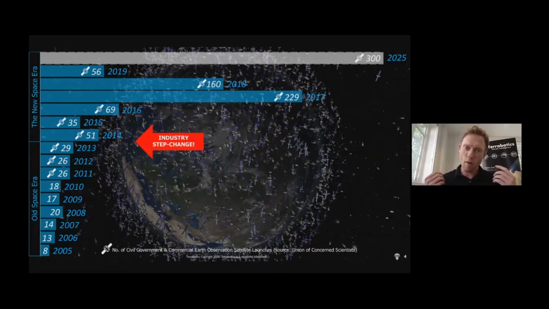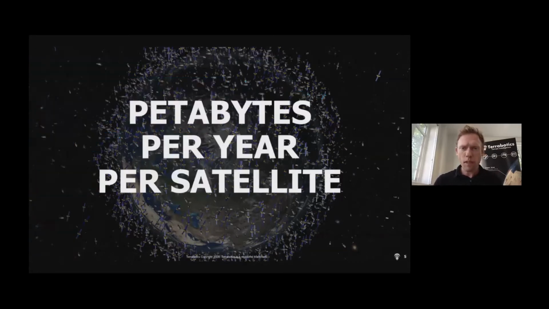So we now have hundreds of these sensors buzzing around the Earth, providing us with a daily deluge of data, which gives us a new information source in an unprecedented supply that we've never had before. And that's giving us petabytes of satellite imagery and sensing data per year, per satellite, which is actually an incredible step change.